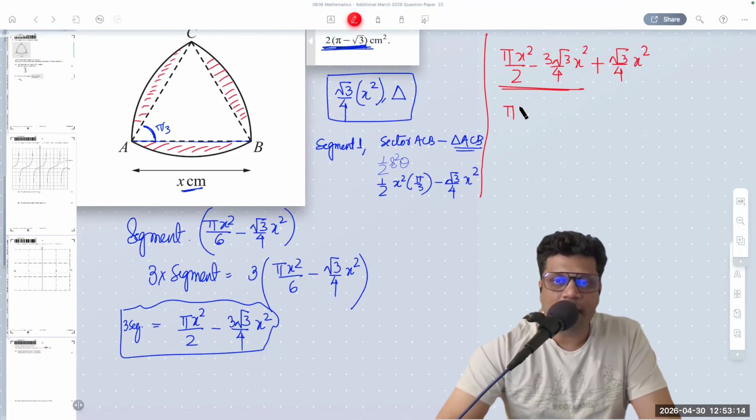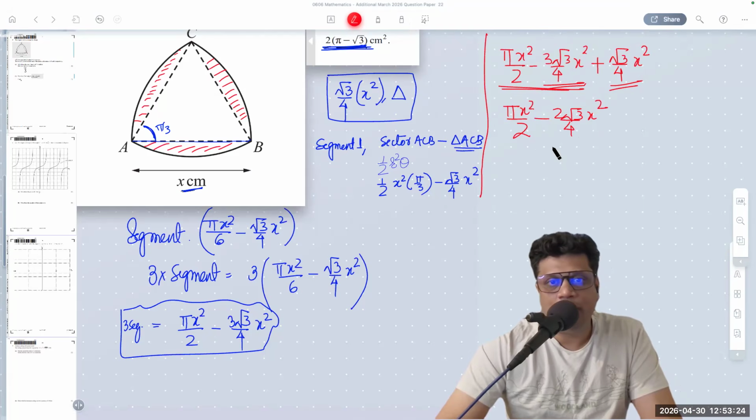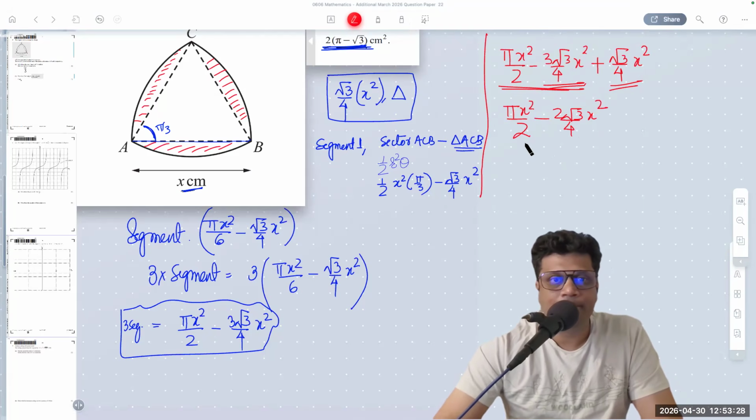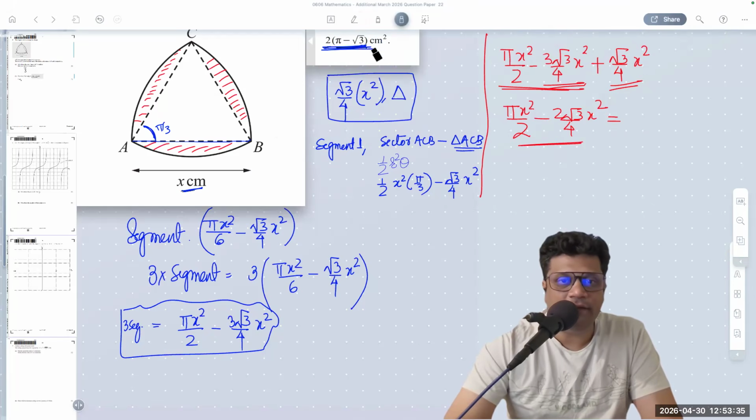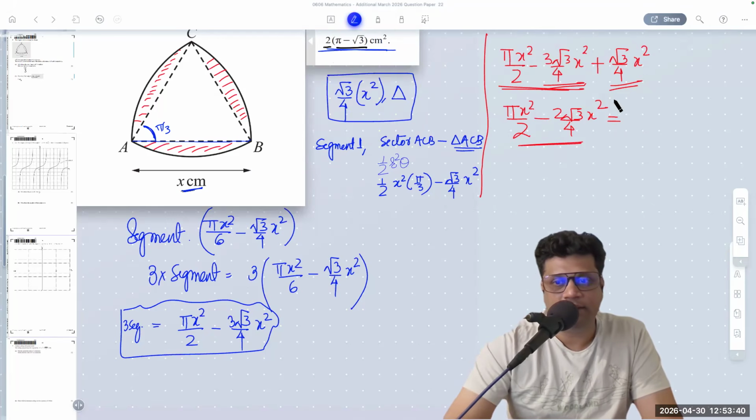Well, that comes out to be pi x square by 2. Now these 2 can actually be reduced to 2 root 3 by 4 x square. And what do we want these to come to? This area should be equal to what they've already given. So we will equate it to 2 times pi minus root 3.